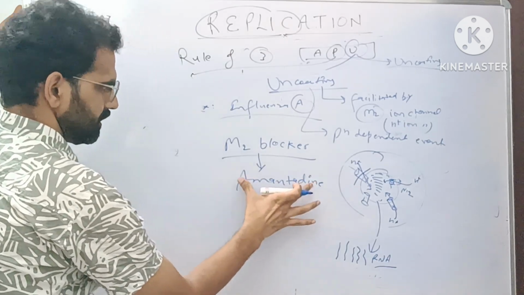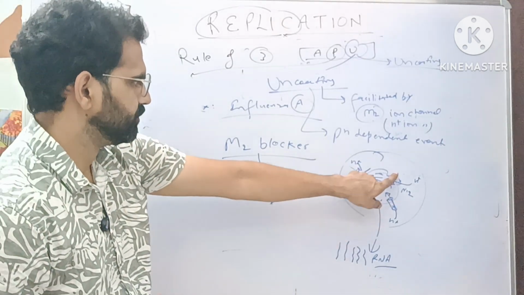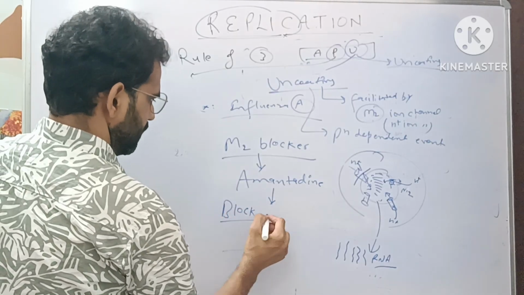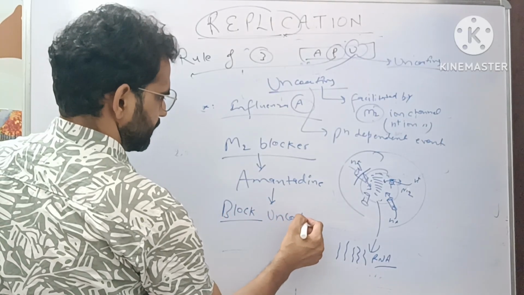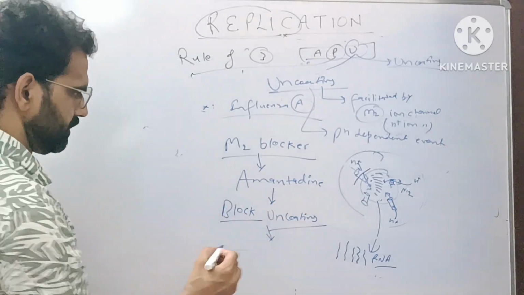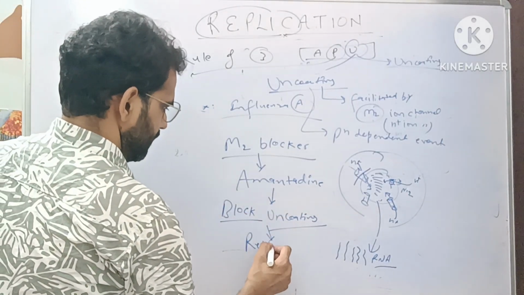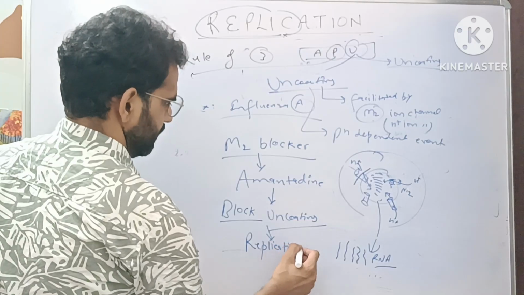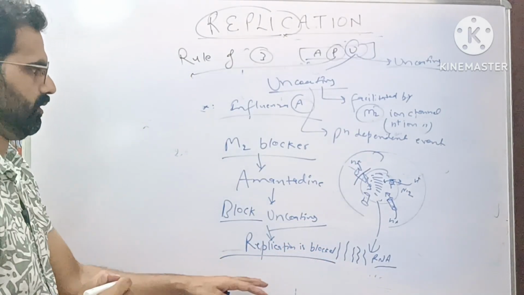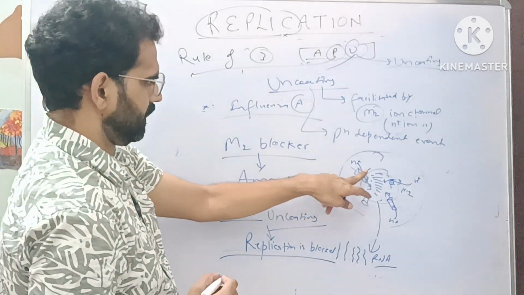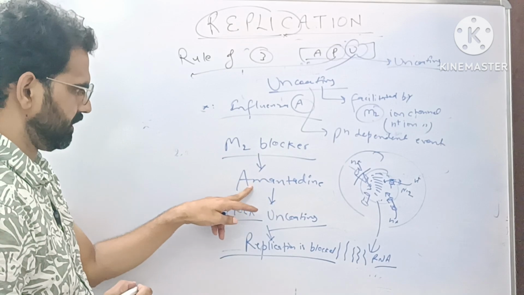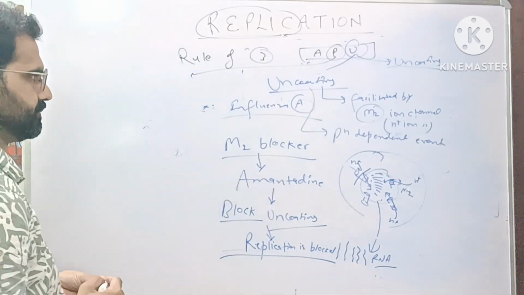So this drug can block the M2 channel, and we can block the uncoating step of the influenza virus. Once the uncoating is blocked, then we can say replication is blocked. So M2 blockers block the uncoating step. The example is amantadine.